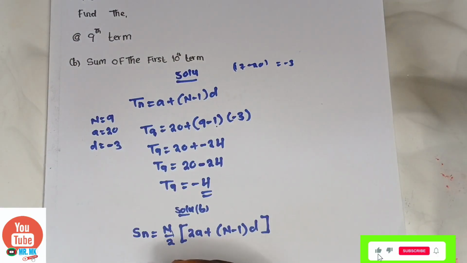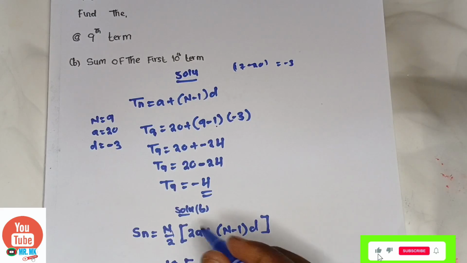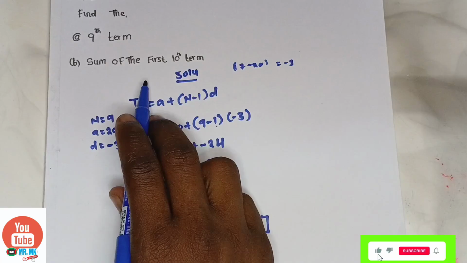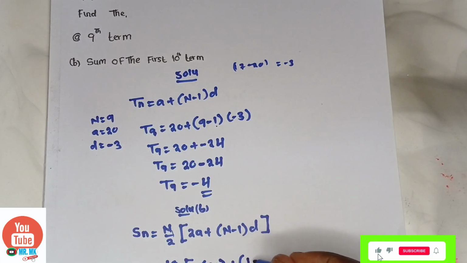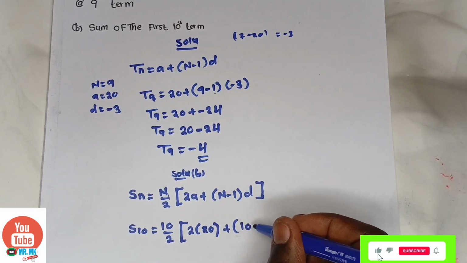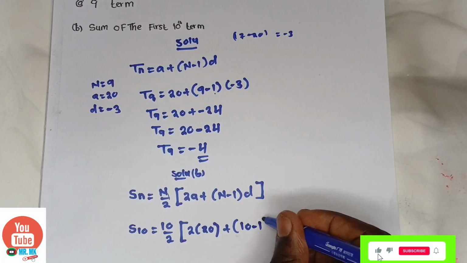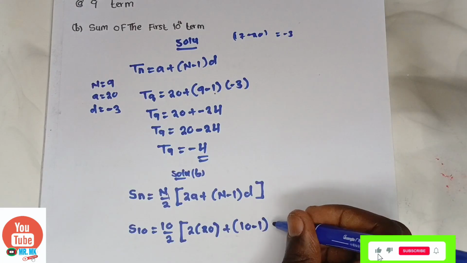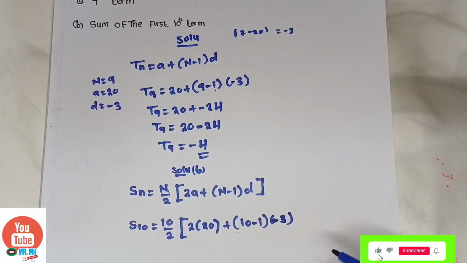S10 is equal to 10 divided by 2, open bracket, 2 into a, where a is the first term, which is 20, close bracket, plus n minus 1, which is 10 minus 1, close bracket, times d, the common difference, which is negative 3.